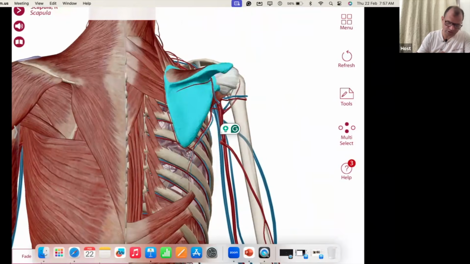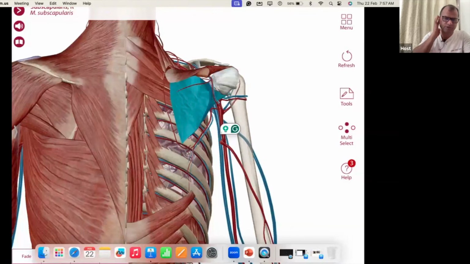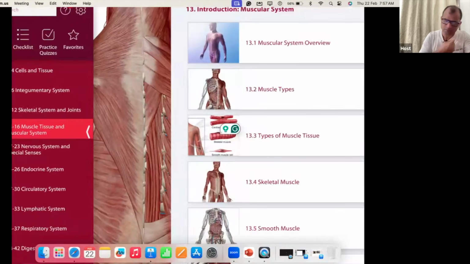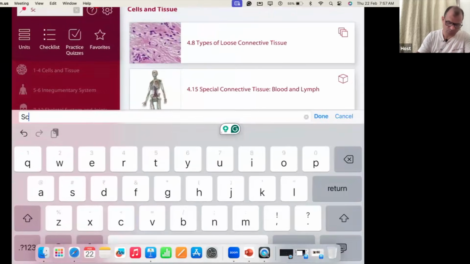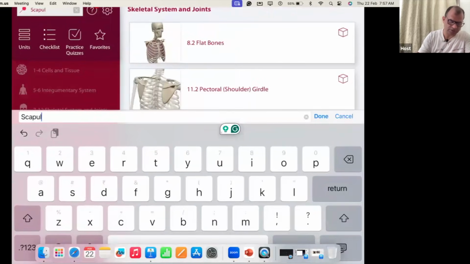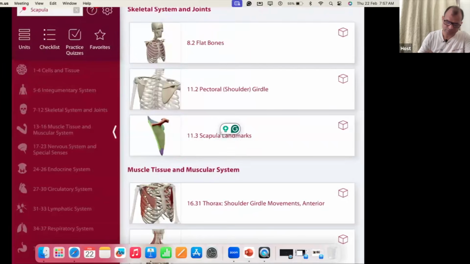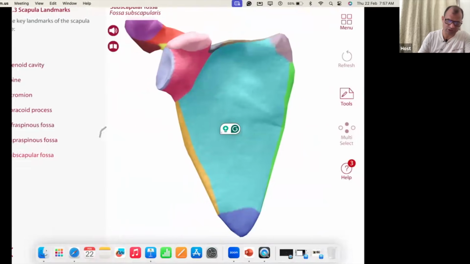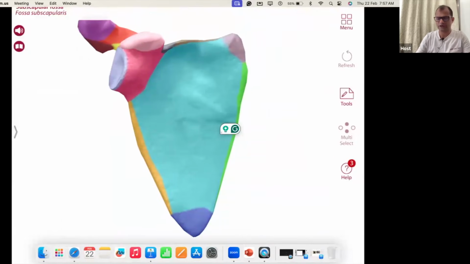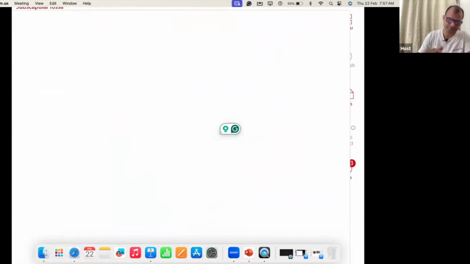Now, if we remove the scapula bone, in the front side, there is a muscle that is subscapularis muscle. ये सबस्कैपुलरिस मसल है. सब मतलब नीचे, स्कैपुला के नीचे. So this is called subscapularis, subscapular fossa. चलिए लिखते जाइए, लिखिए लिखिए.